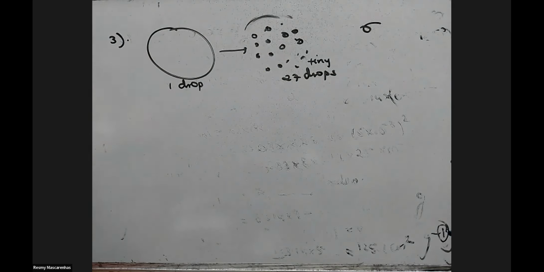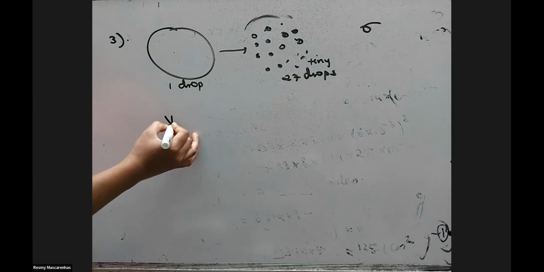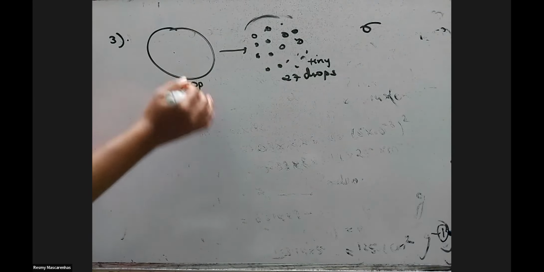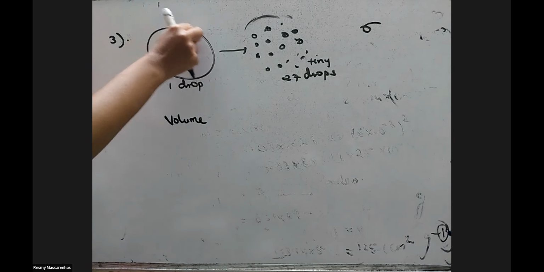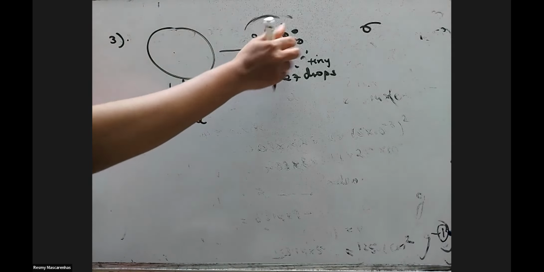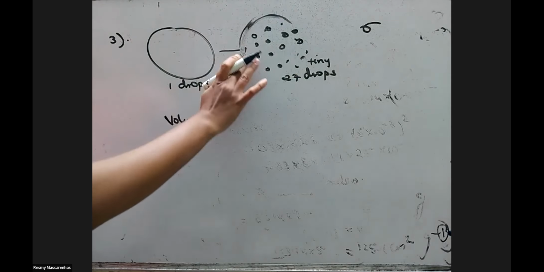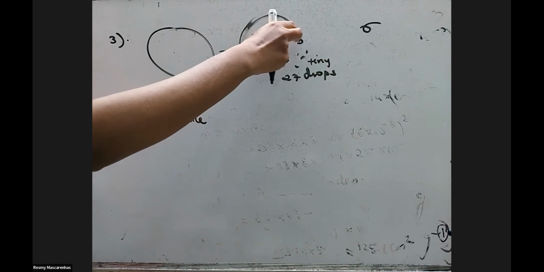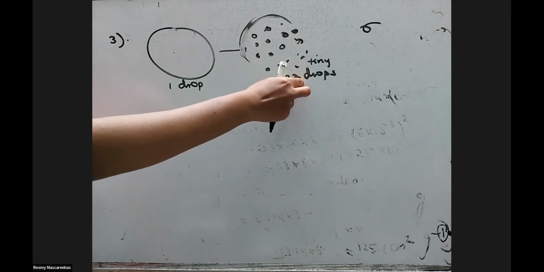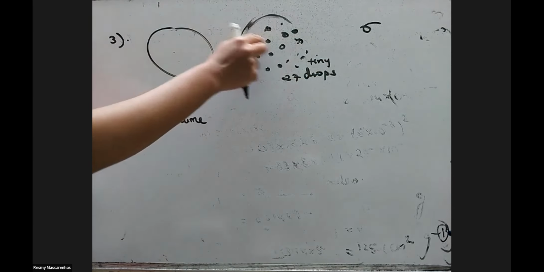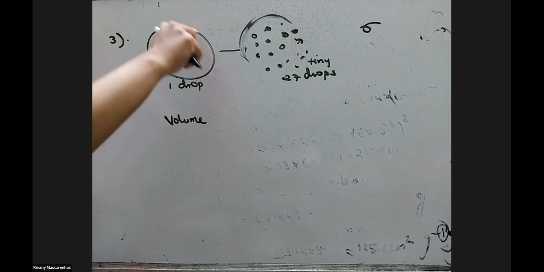Nothing else is given, so how do we go about it? Volume means how much matter has been used to form the drop. Even if it breaks up, if you combine all the 27 tiny drops and add all the volume, it should be equal to this, because they all formed from this much volume.